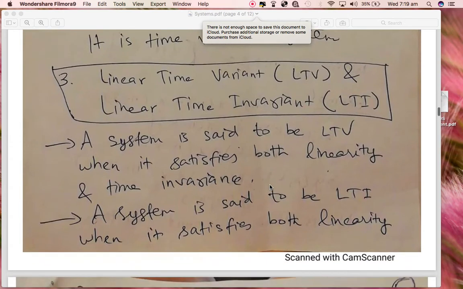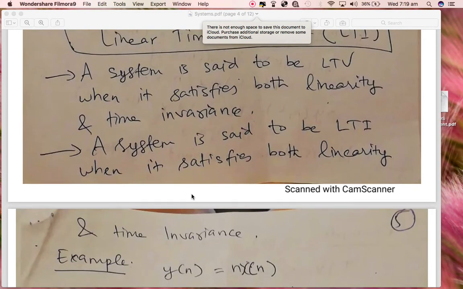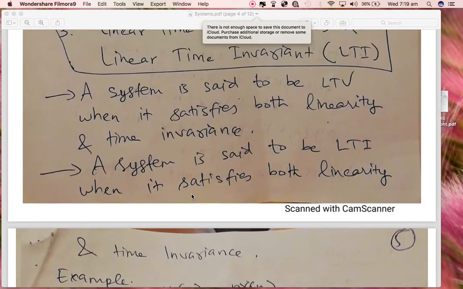So a system satisfying both the linearity and time invariance condition is a kind of time invariant system, and a system satisfying the linearity as well as time variance condition is said to be a linear time variant system.